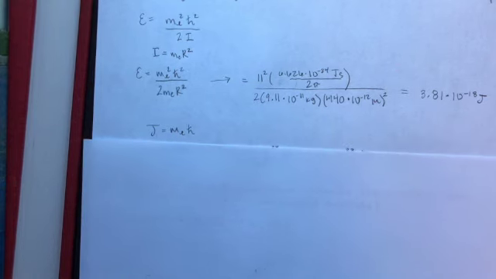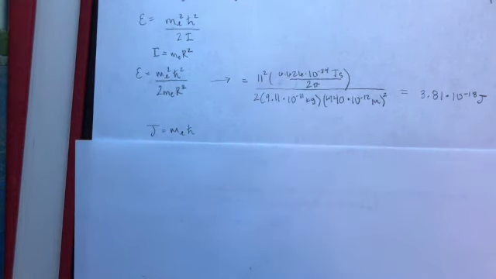So for the angular momentum, we have an equation that's derived from a similar situation where we're taking the z component of the angular momentum, which is equal to negative i times h bar times the partial derivative with respect to phi times the wave function.